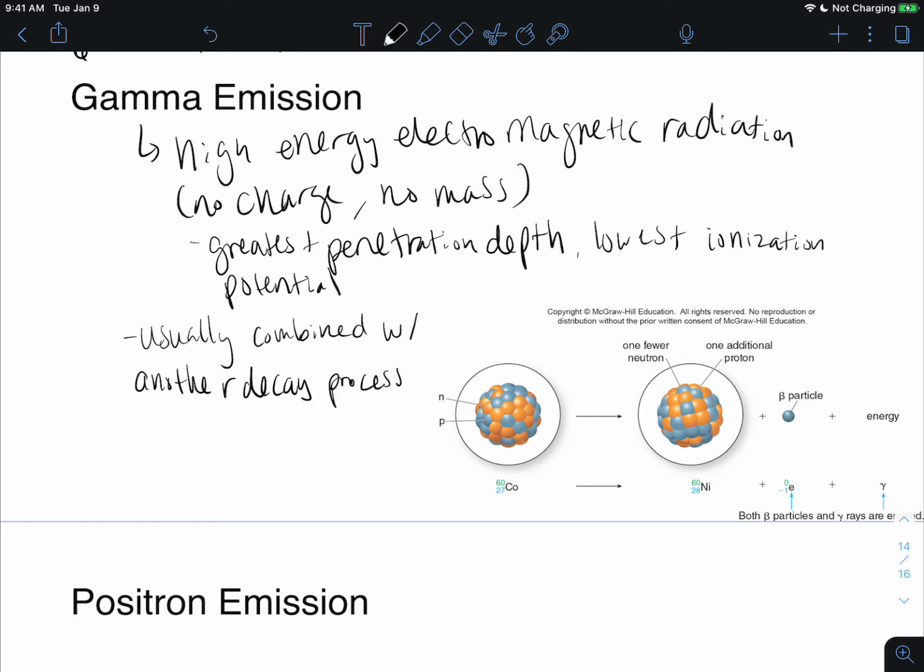So what you're going to have is a metastable state, and then after that, the metastable state emits a gamma ray, and then it goes to a stable state in theory.